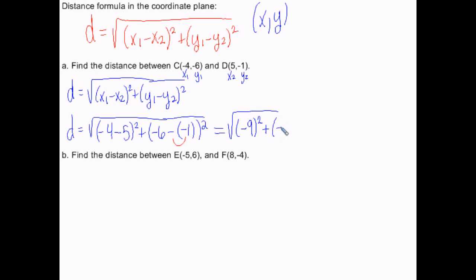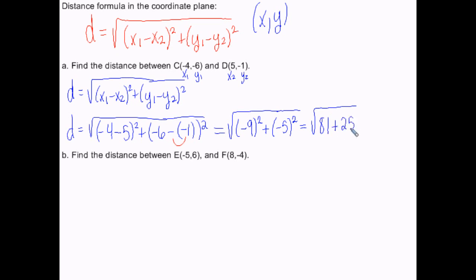Now when I square a negative number, it becomes positive, because -9 times -9 is positive 81. -9 squared. And then when I square that -5, I'm going to get a positive 25.